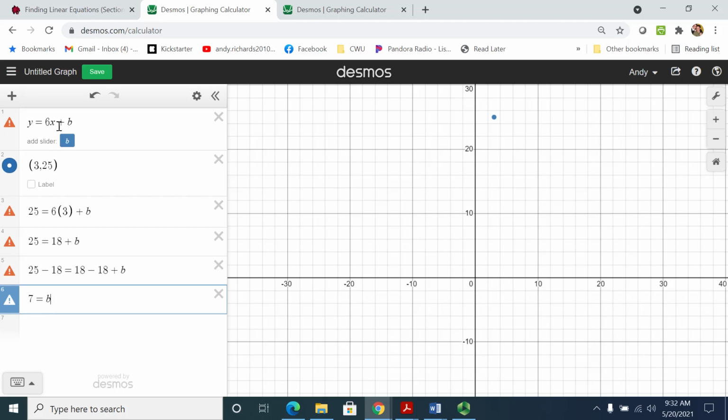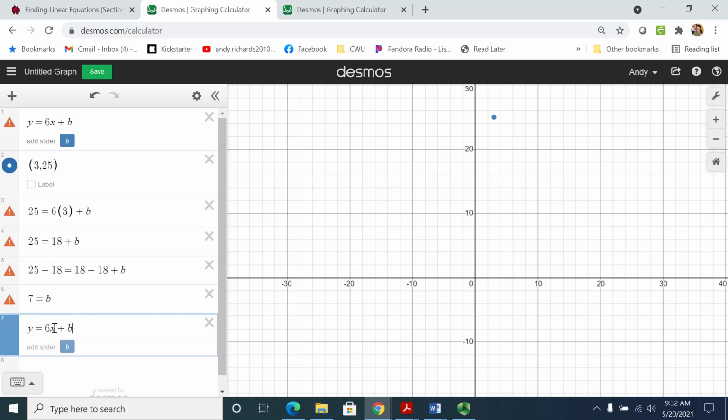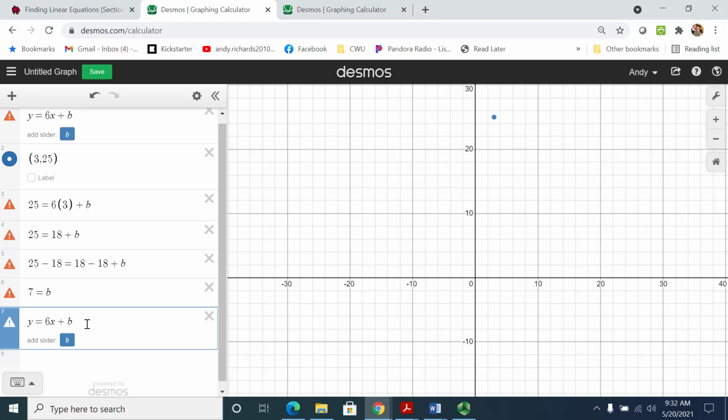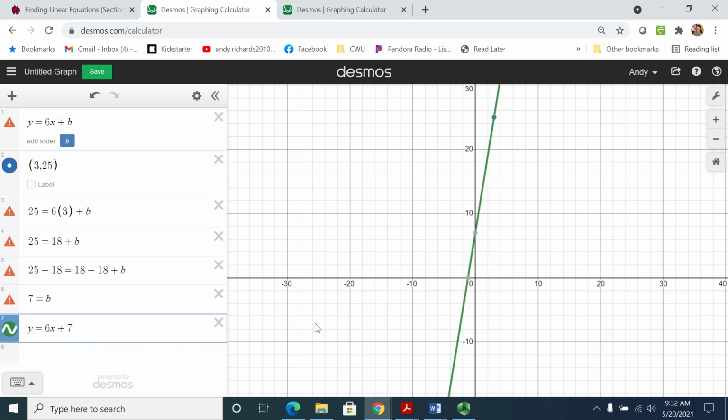So if you want a linear equation that is going to have a slope of 6, then you need to have that. And if you wanted to go through this specific coordinate right there, well, then this is going to have to equal 7 in order to catch it. Right? So you can kind of picture this line is going to be maintained through here.